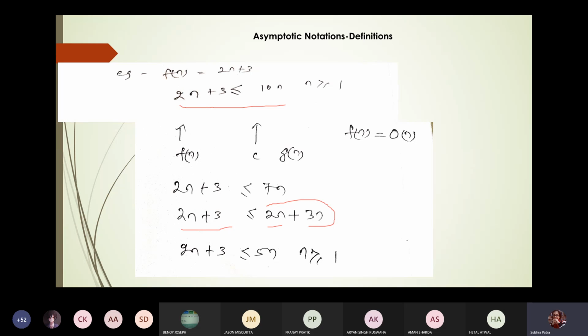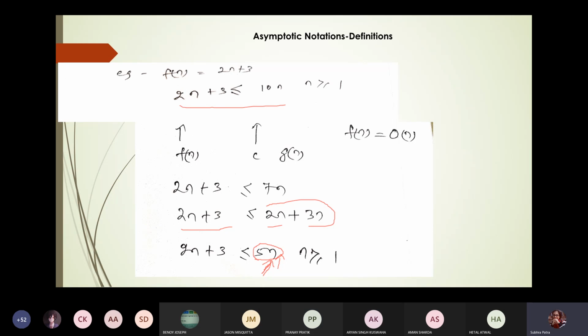If you take 5n for all n greater than or equal to 1, the condition still holds true. So this has now become, I can say, the boundary value of it. Is it clear so far? We are just trying to find the boundary value.